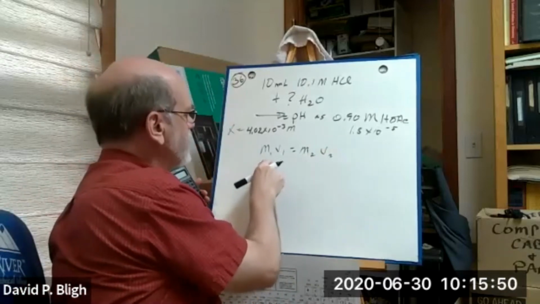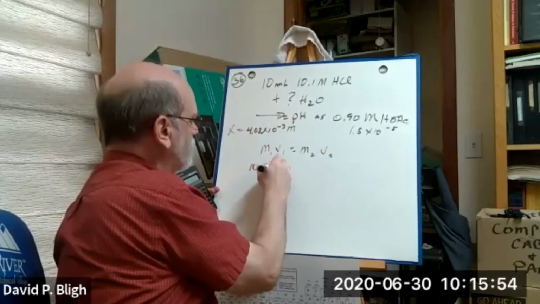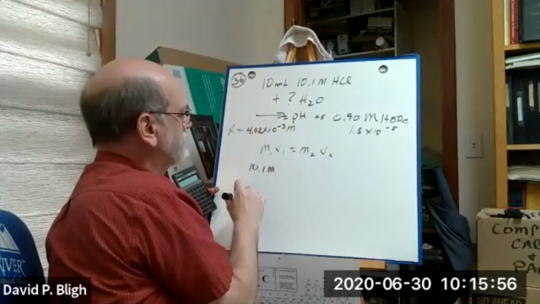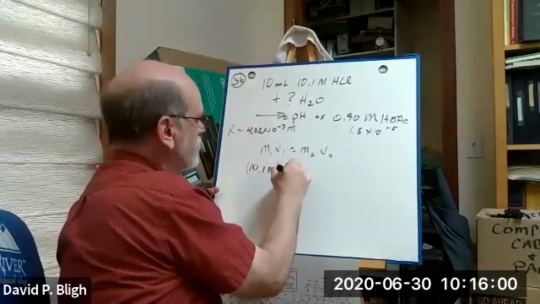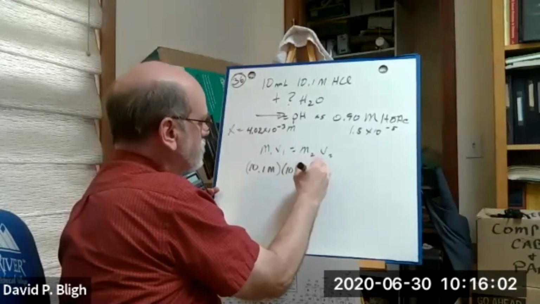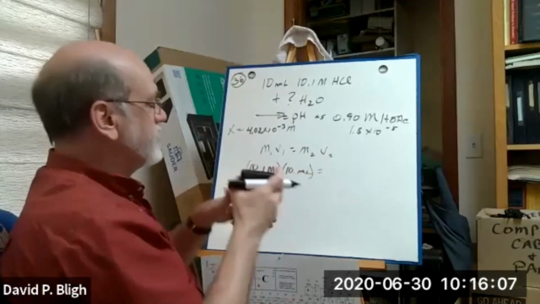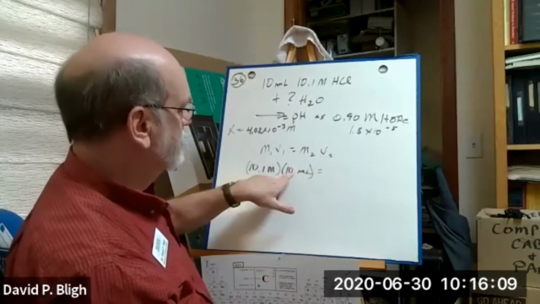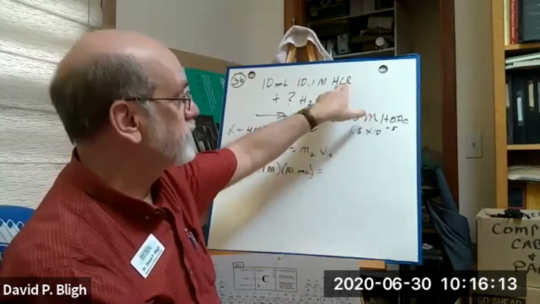So the molarity of that solution is 10.1 molar. And the volume is 10 milliliters. And remember I said the concentration of hydrogen ions is going to be equal to that.